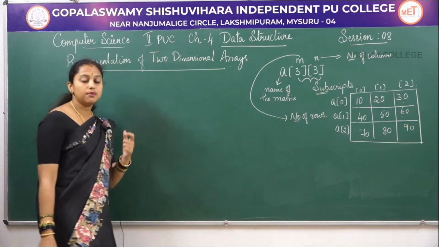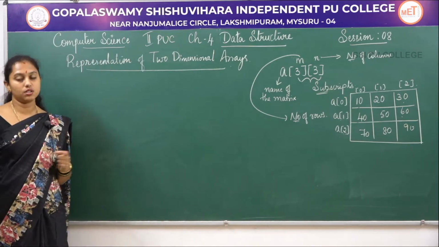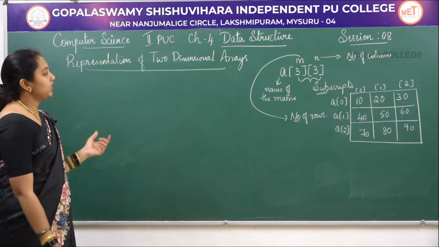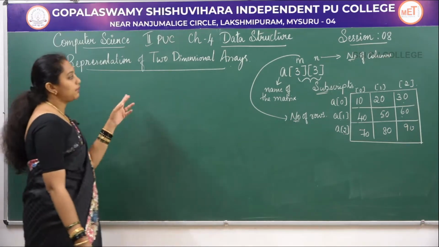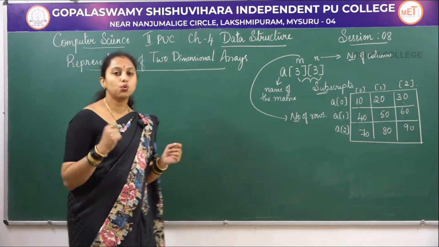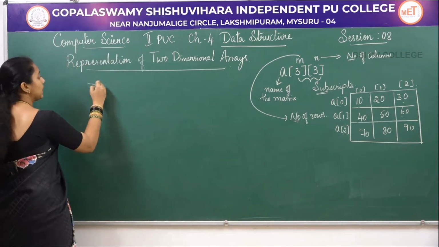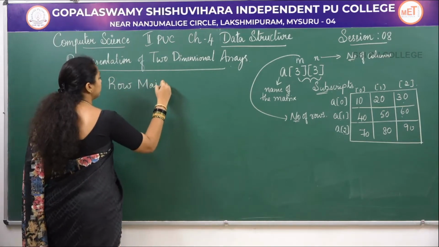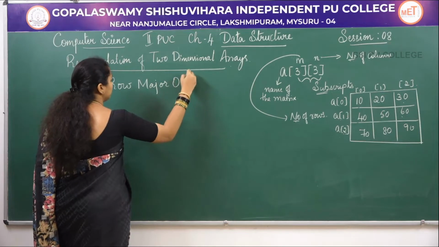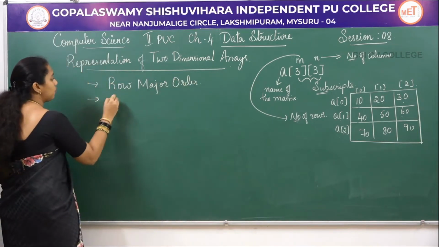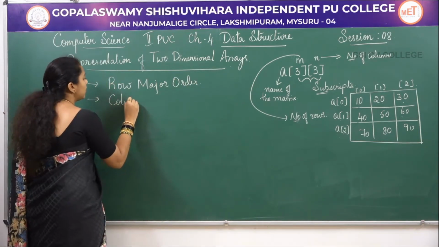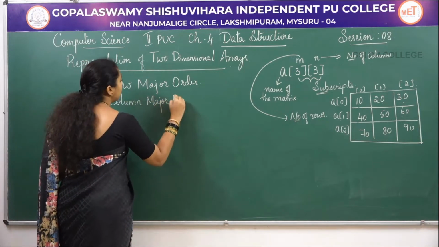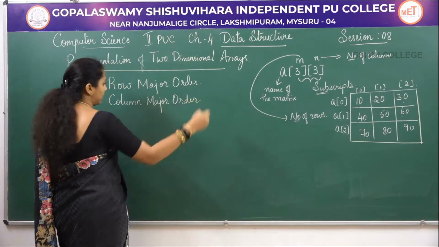Then we require m cross n memory locations to store the array elements. So here we can represent the two-dimensional arrays in two ways. That is, first one is row major order and second one is column major order.